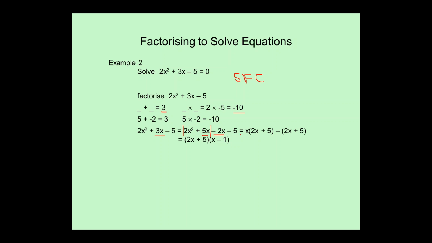Then we've got this bit here, minus 2x minus 5. If we take a minus 1 out, there should be a minus 1 there, that's silly, then we're left with, again, 2x plus 5. Now that means we've got x times 2x plus 5 minus 1 times 2x plus 5. So from that, we can factorise out 2x plus 5, placed at the front, and we're left with x minus 1. And that, with slightly more process and less deep thinking, has got you to this solve, basically.